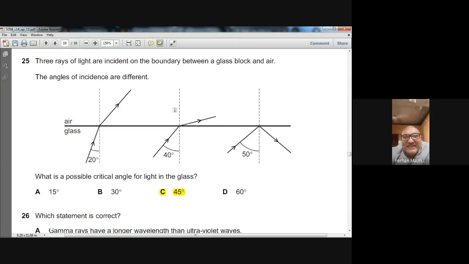And when the light is entering into the rare medium, the angle of incidence is less than the critical angle. So the critical angle is between 40 and 50. It can be 45 according to the given options. C is the option, sir.